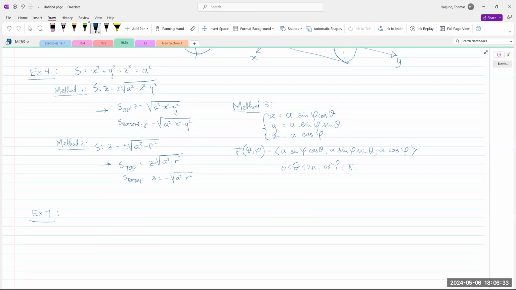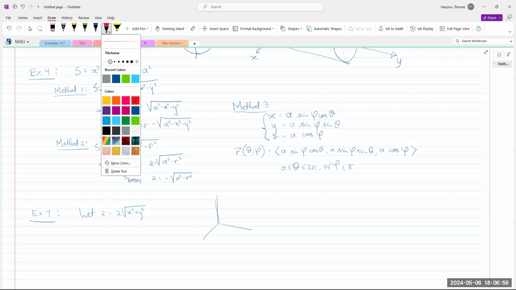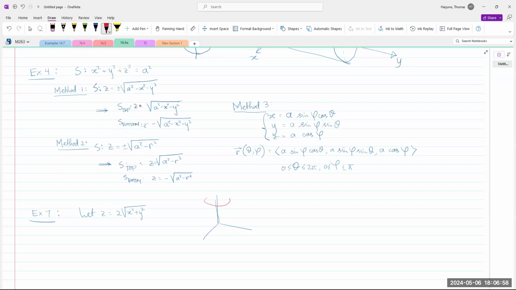Now, of course, some surfaces can have multiple surface parameterizations. For example, let z equal 2 times the square root of x squared plus y squared. Now, this gives us the top portion of a cone, because z is positive, right?